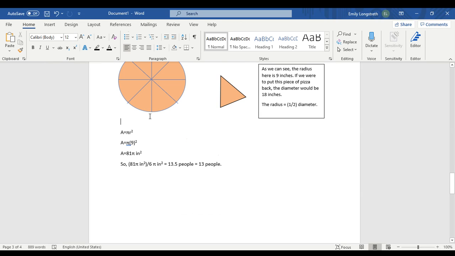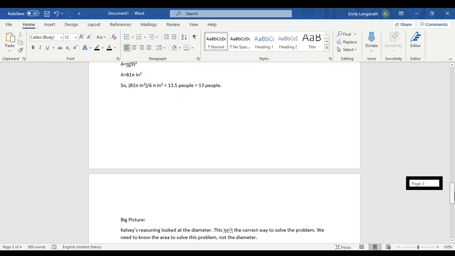So, plugging and chugging in the formula gives us 81 pi inches squared of pizza on this pizza. And dividing it by the amount one person can consume, it gives us 13.5 people, or in my book, because there can't be half a person, no, it would give us 13 people.